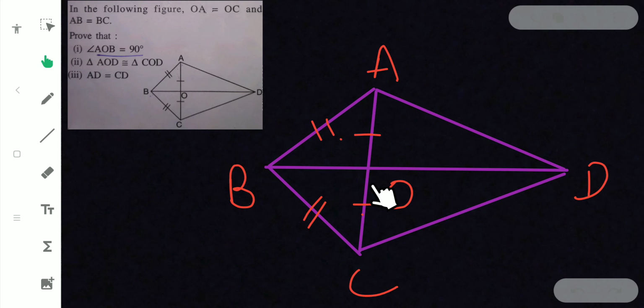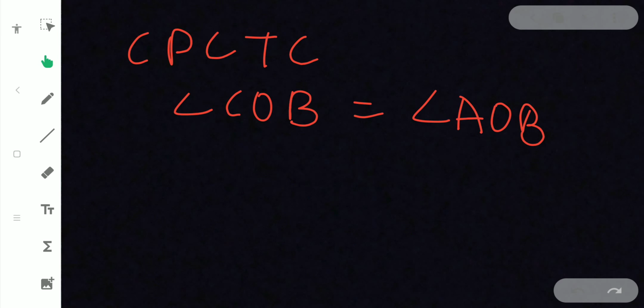But we know when we take a line and this whole angle, it will be equal to 180 degree according to the linear pair. So angle COB plus angle AOB is equal to 180 degree. In bracket you can write linear pair.